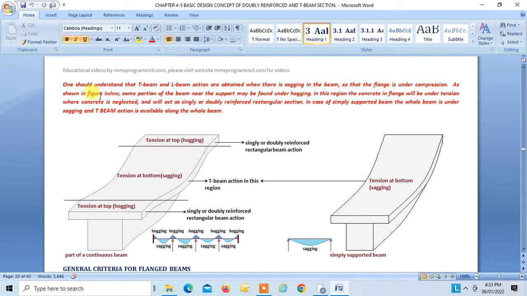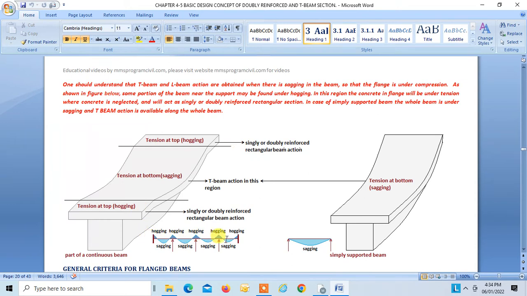As shown in the figure below, some portion of the beam near the support may be under hogging. In this region, the concrete in the flange will be under tension, where the concrete is neglected, and it will act as a singly or doubly reinforced rectangular section.